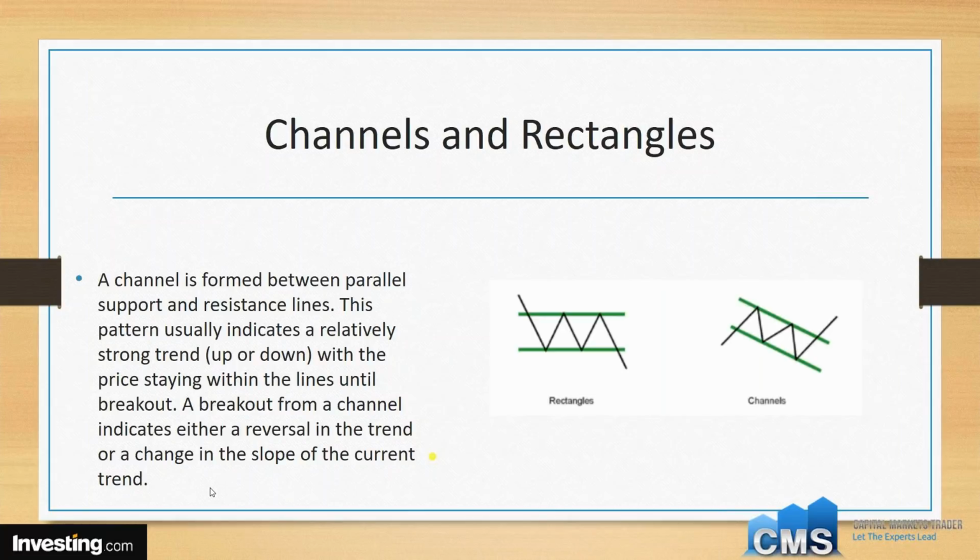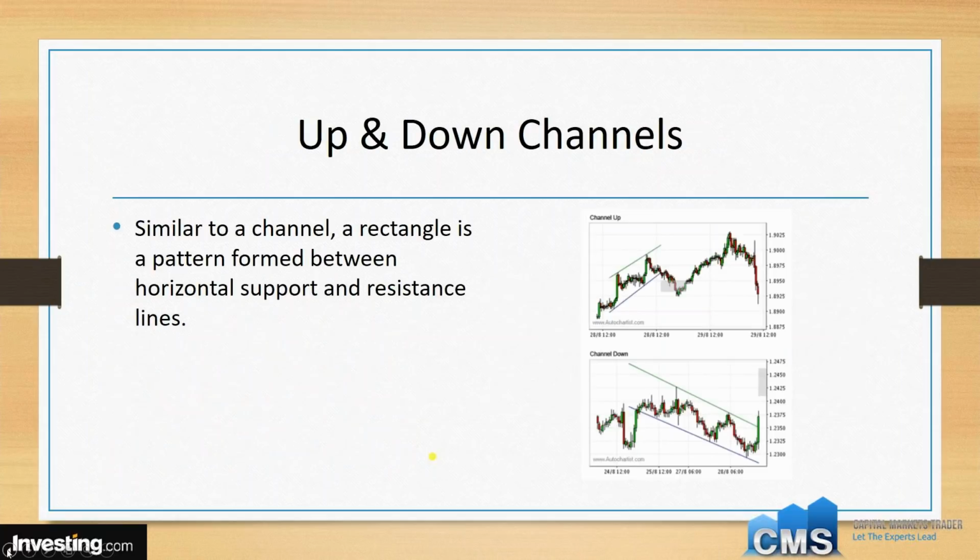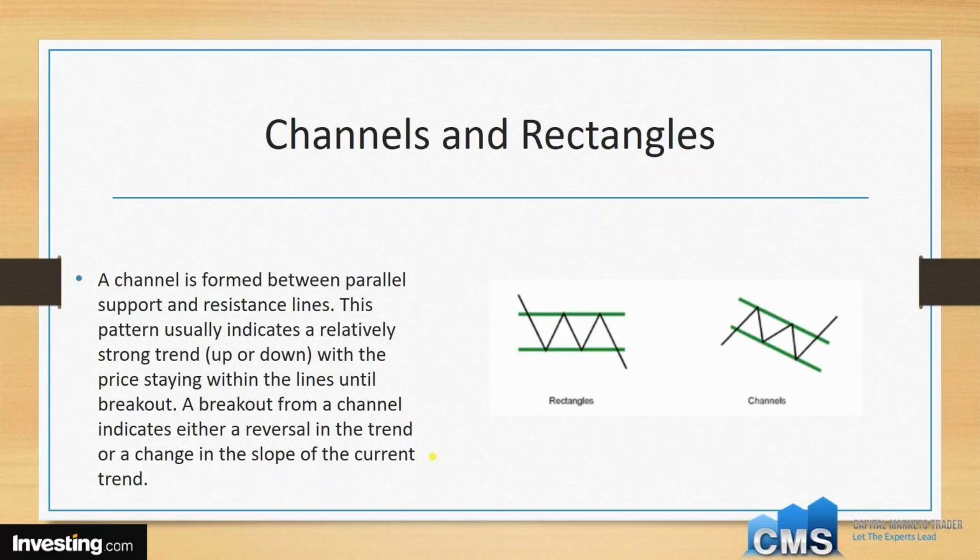A channel is formed by parallel support and resistance lines. This pattern usually indicates a relatively strong trend with the price staying within the lines until a breakout. A breakout from the channel indicates either a reversal in the trend or a change in the slope of the direction.